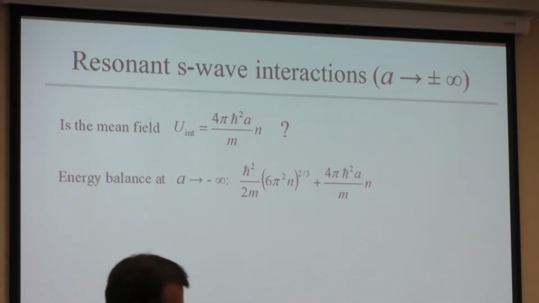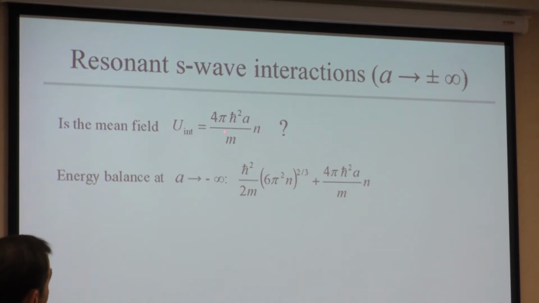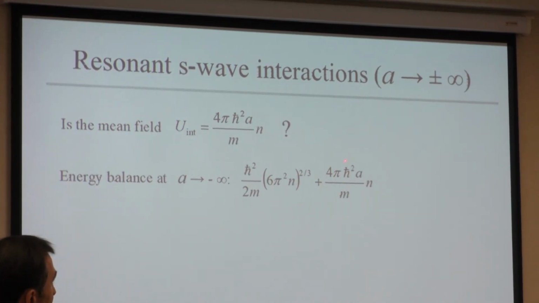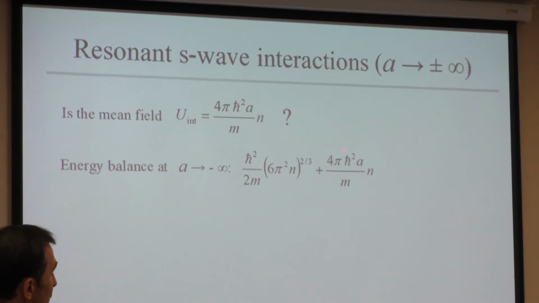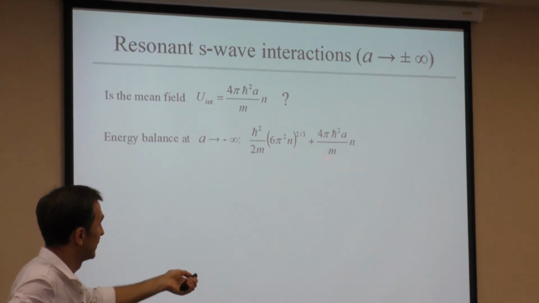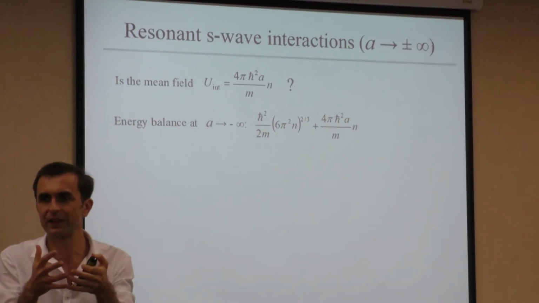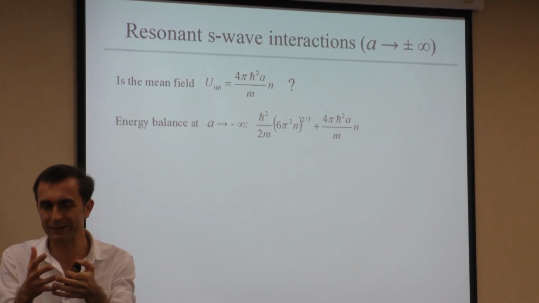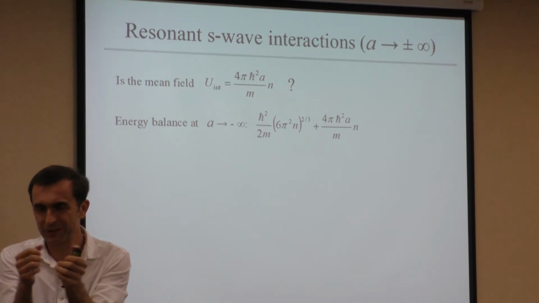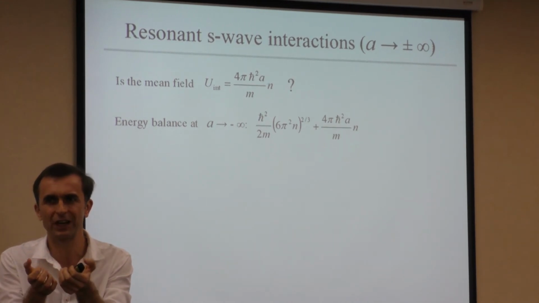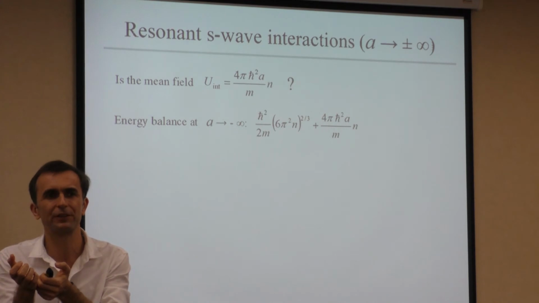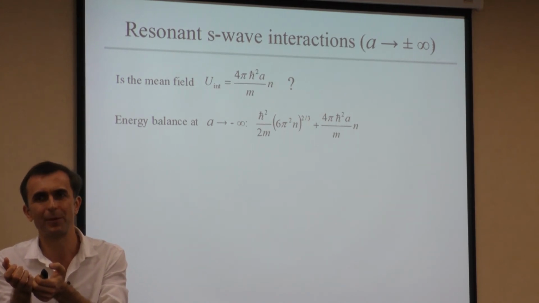In this very naive picture, as A goes to minus infinity, of course the attraction term should win. This is negative energy. It should cause attraction in the gas, and all our atoms should just glue together. As they glue together, three-body collisions go on. S-wave interaction breaks down.